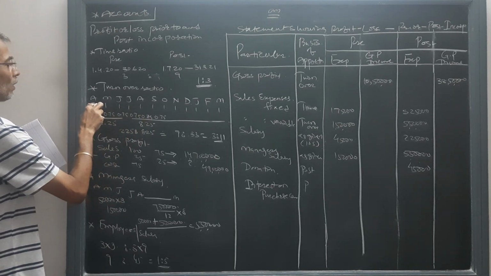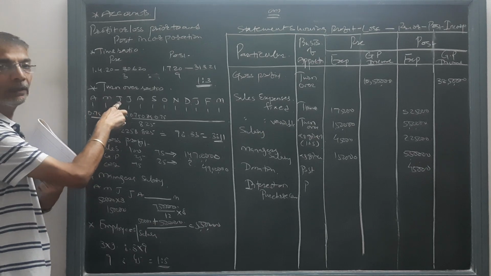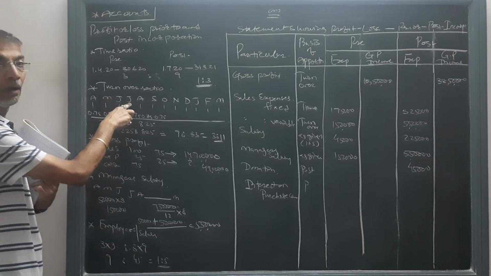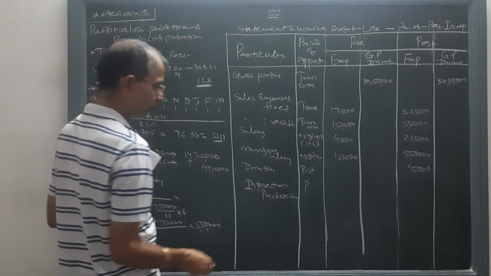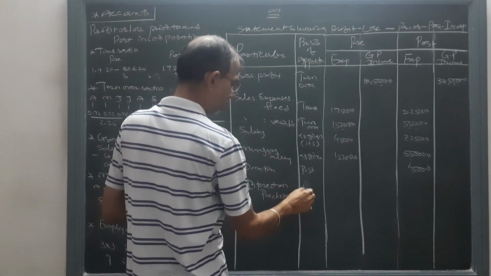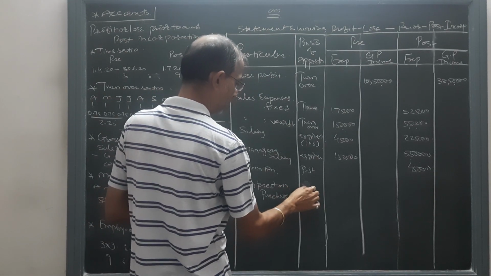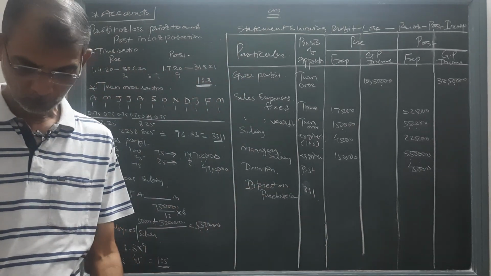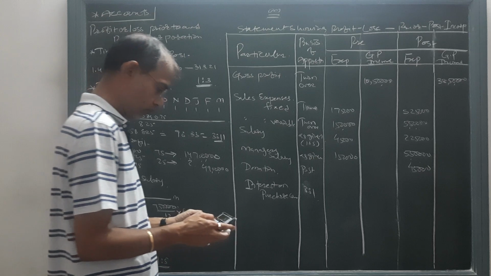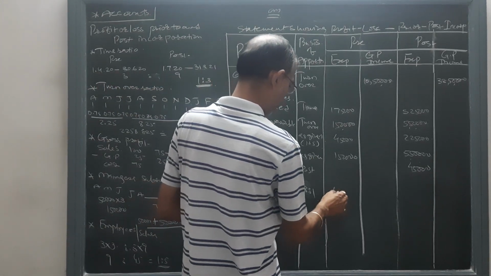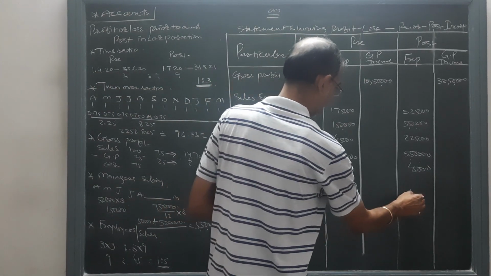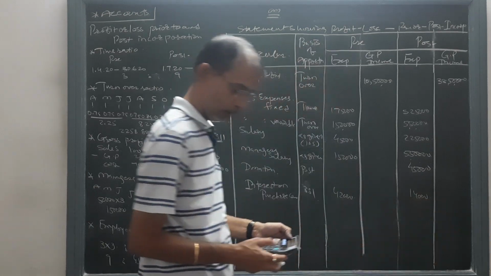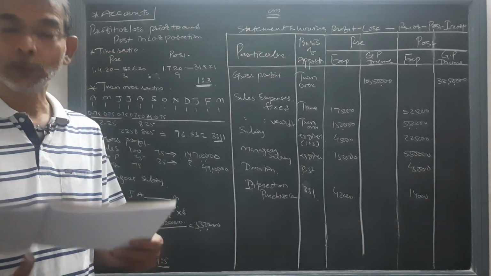So for the first 3 months it will be in the pre period, and in the post period it will be for 1 month. So 3:1, 42,000 and 14,000, total is 56,000.